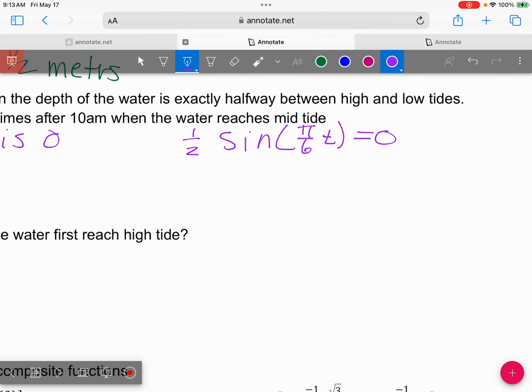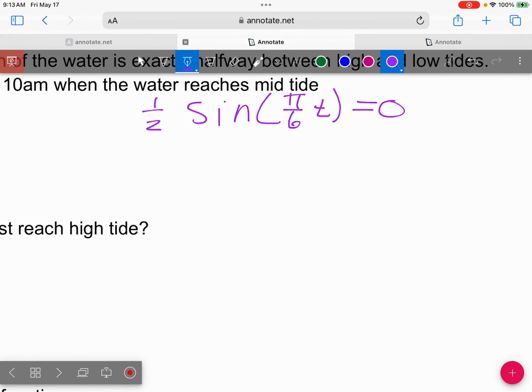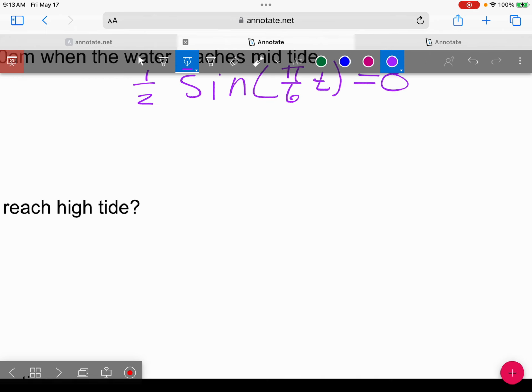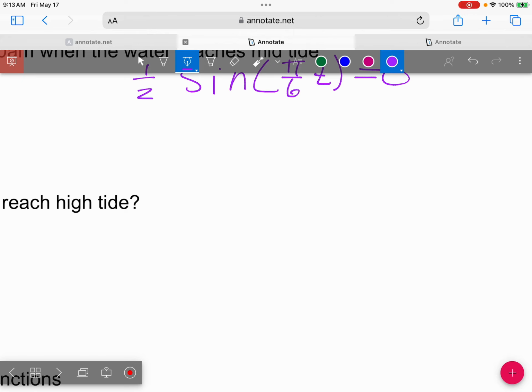I'm going to zoom it in so we can actually see stuff here. So what could we do to solve this? What's going to be our first step? How could I get t by itself here?